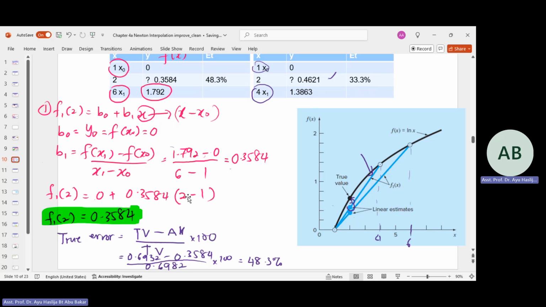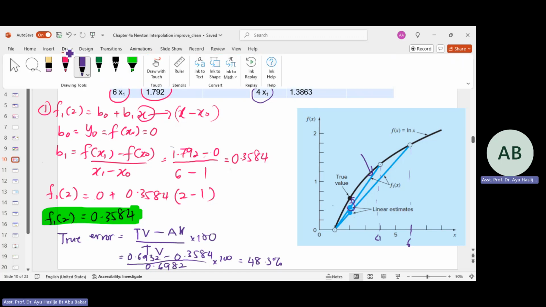For this one, x minus x0, so 2 minus 1 as well. Okay, I know what is confusing you.